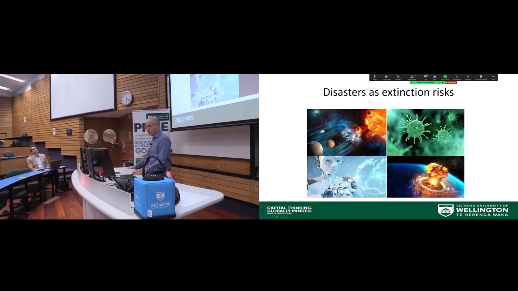Biological risks. As I said, pandemics can be a lot more awful than COVID-19. COVID-19 is actually quite a mild pandemic. And the scariest, for me at least, is AI, artificial intelligence. We now have robotic weapons that can independently kill.